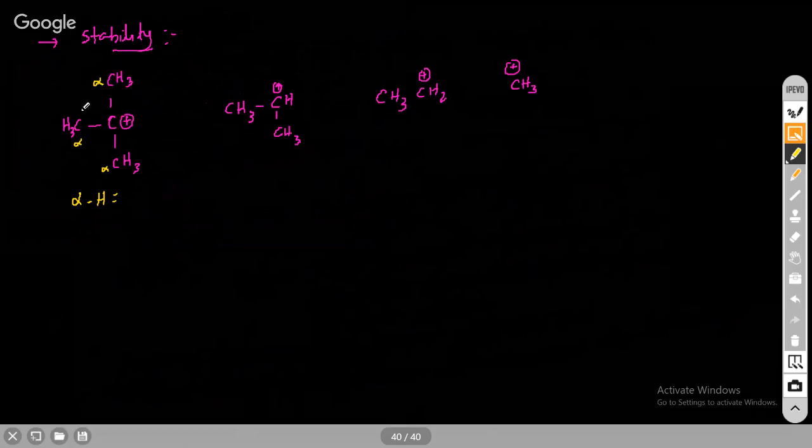So you see these three are alpha carbons we have. So the total number of alpha hydrogens is 3 plus 3 plus 3, that is 9. Similarly here the alpha hydrogens are 6, then 3, and there is no alpha hydrogen, right? So the more alpha hydrogens, the more hyperconjugating structures and the more the stability.